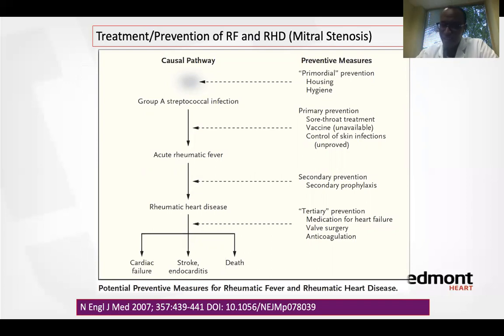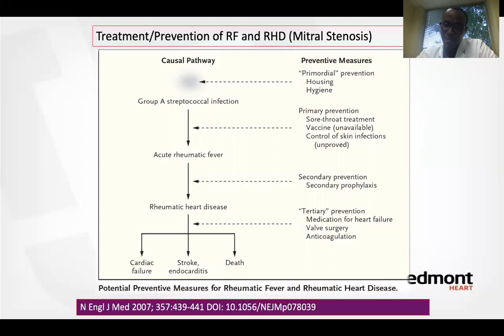Really, the key here is that rheumatic heart disease is a very preventable heart pathology, really a one-valve disease, that can be impacted by primordial prevention: early detection of hygiene-related problems and the spread of streptococcus pharyngitis.